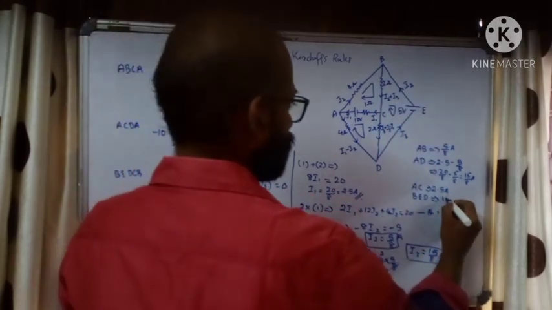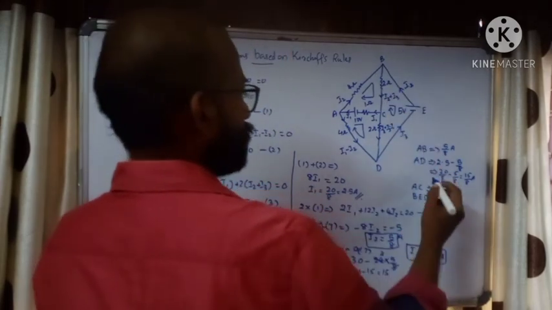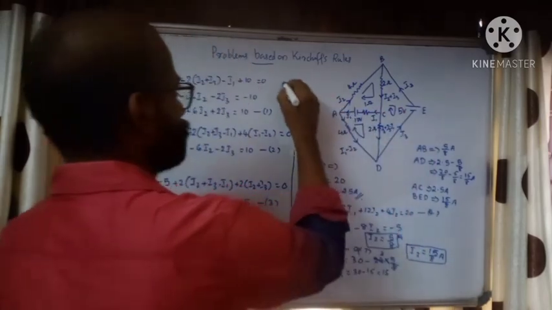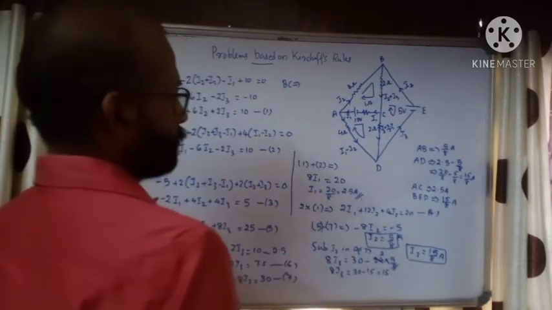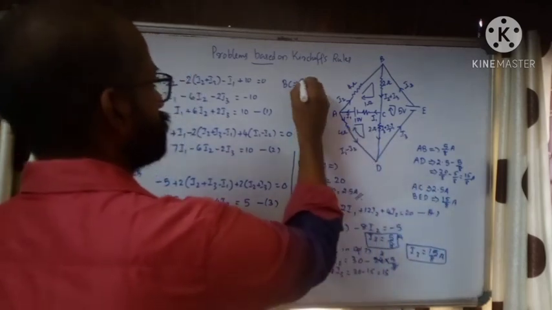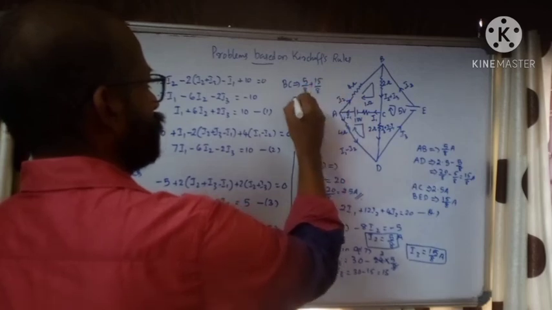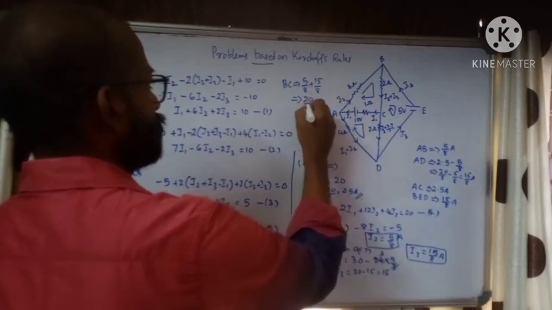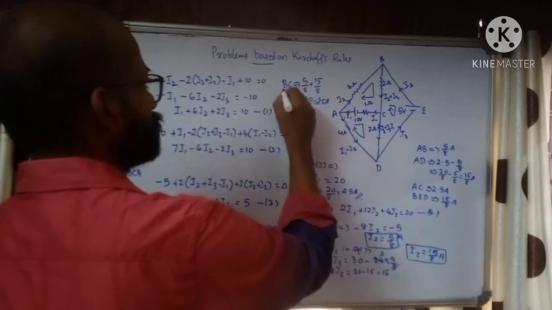It is 15 by 8 amperes. Now in the branch BC, we have I2 plus I3, which is 5 by 8 plus 15 by 8. You will get 20 by 8, that is 2.5 amperes in the branch BC.